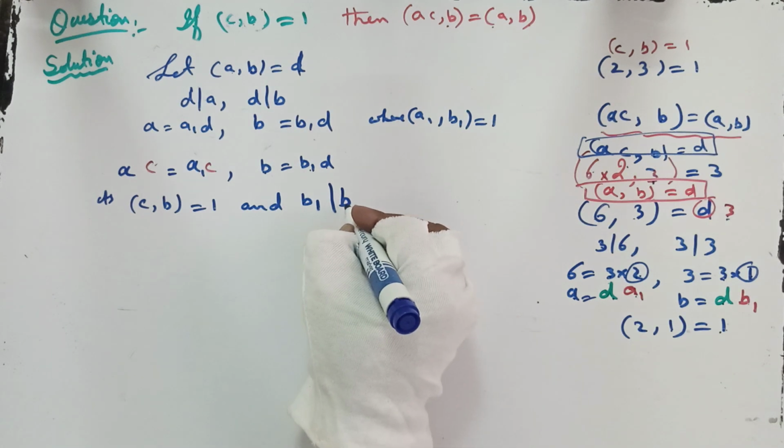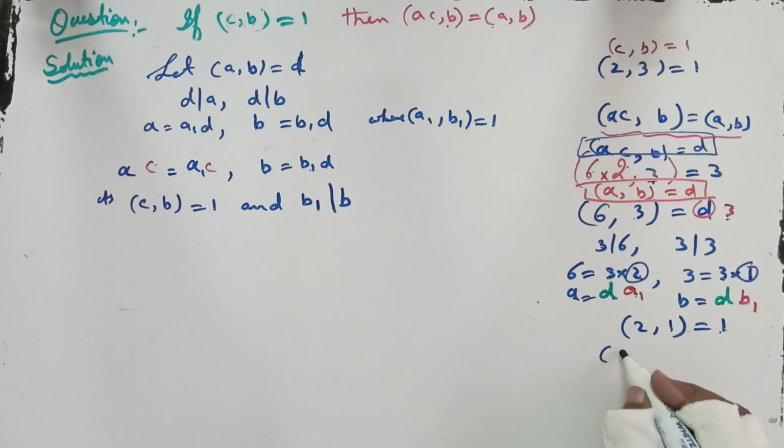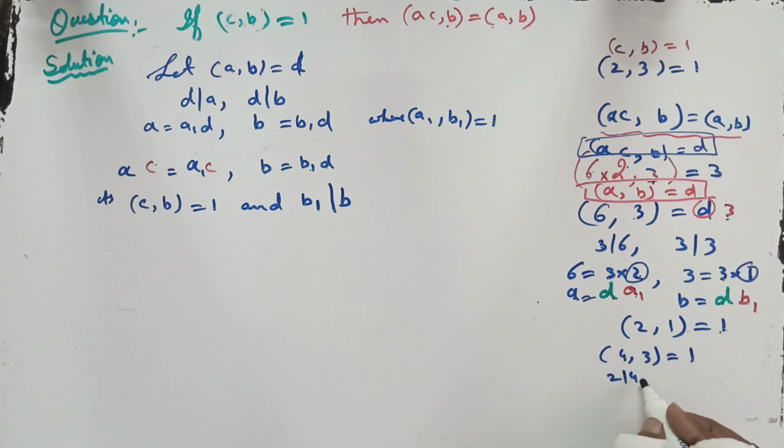B1 divides B. As I explained with an example, if 4 and 3 are two relatively prime numbers and 2 is a divisor of 4, then 2 and 3 must be relatively prime.